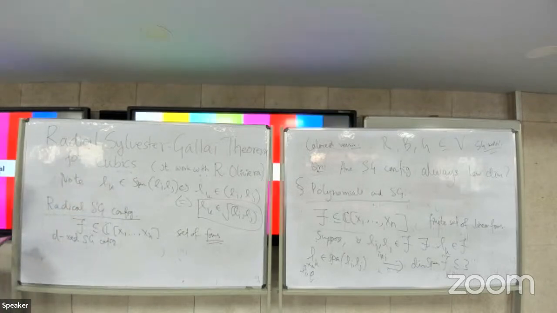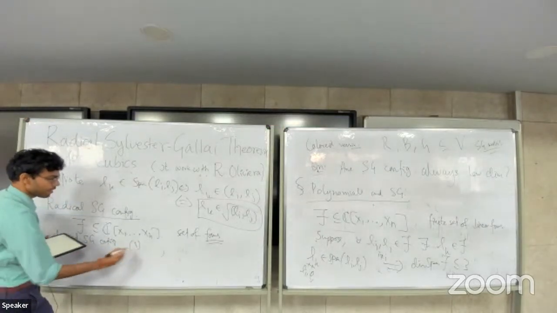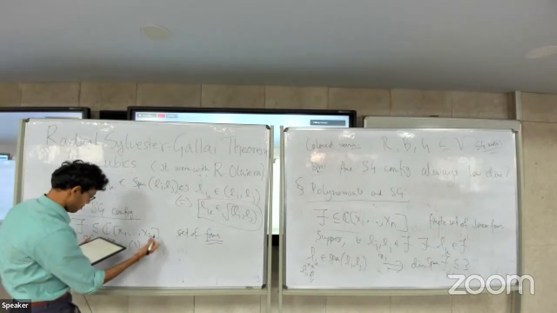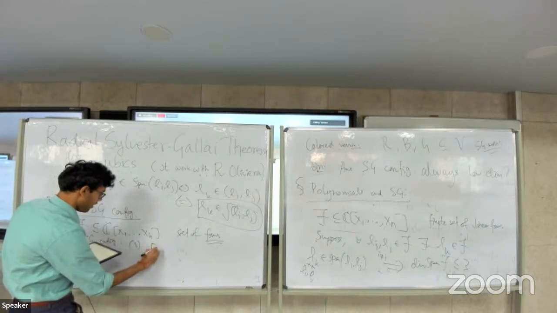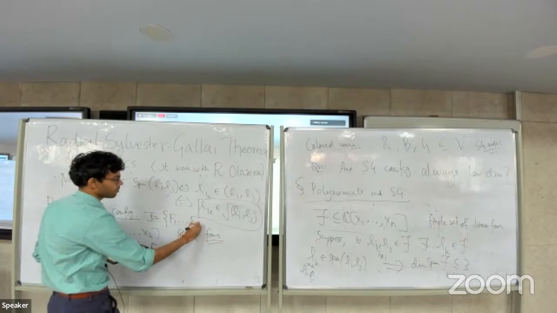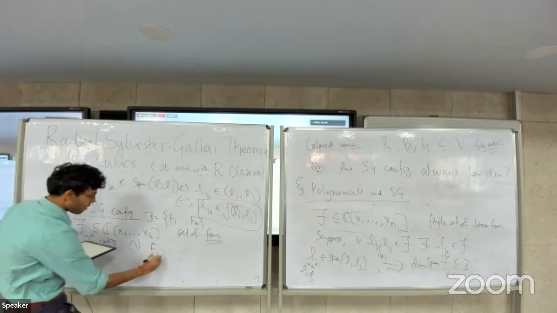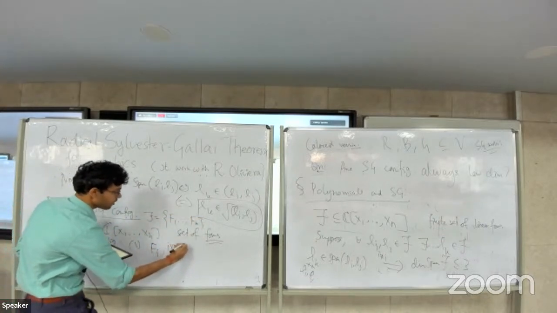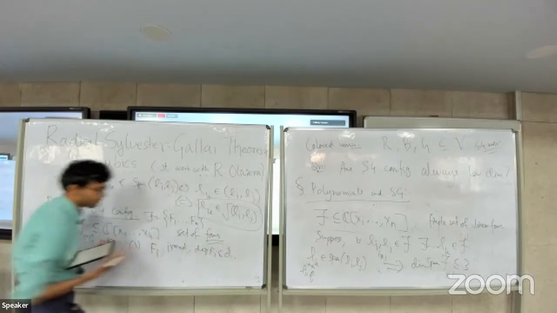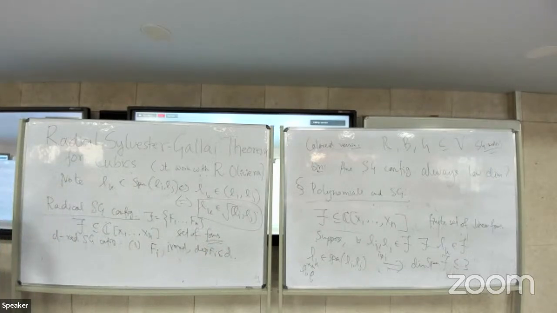Number one, all the polynomials in F are irreducible and of degree at most D. That's why it's a D-radical. Let's say F is the collection F1 up to Fm. It's a finite set, Fi is irreducible and the degree of Fi is less than or equal to our fixed number D. So that's the first thing.